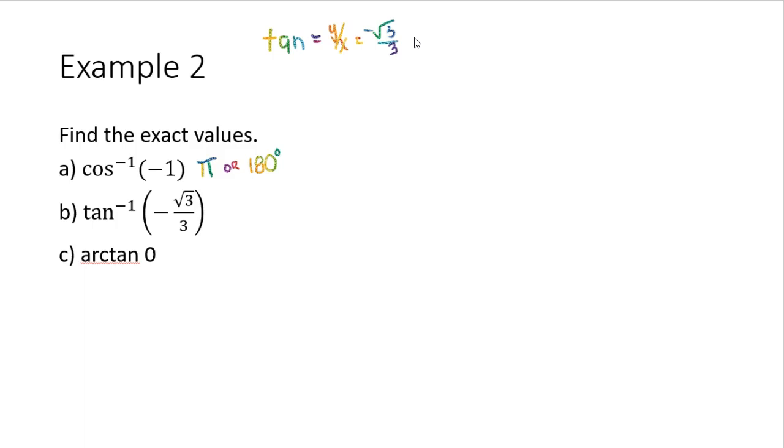This is actually a fraction that has been rationalized, and so it could be rewritten as 1 divided by the square root of 3. And so we're trying to find the ordered pair where when we divide the y-coordinate by the x-coordinate, we get the fraction -1 over the square root of 3.